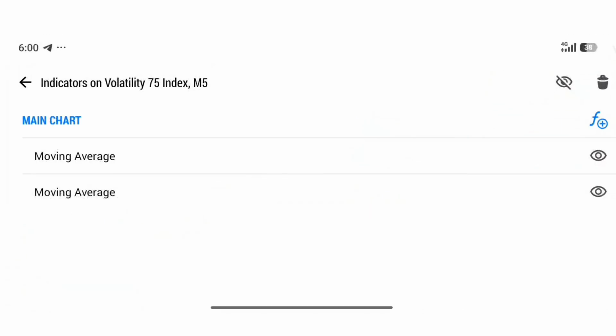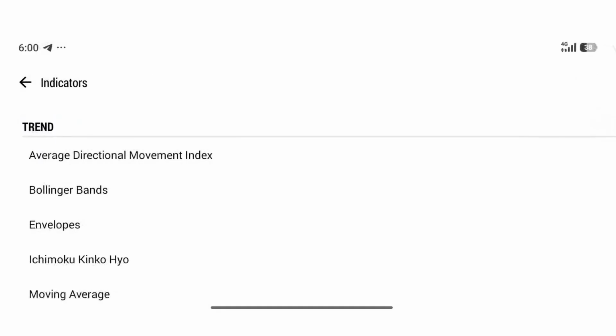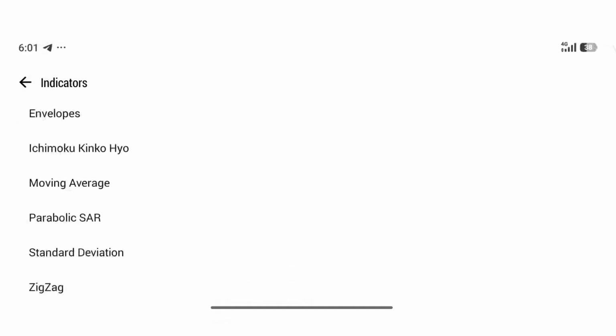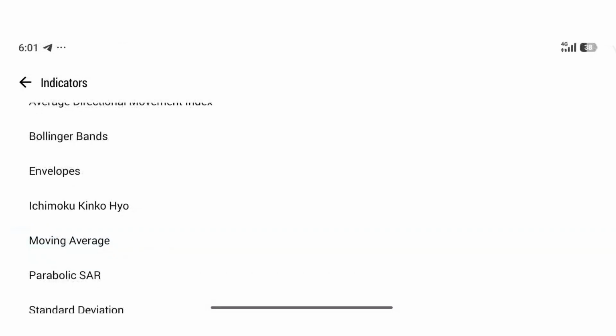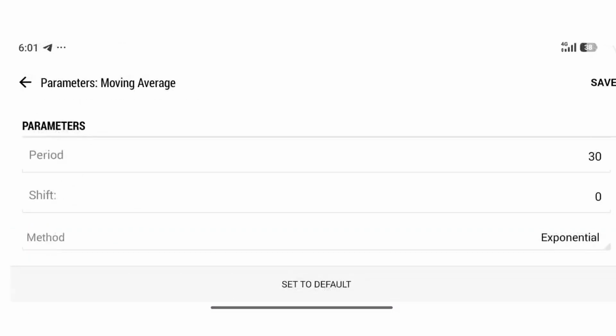So when you click on this, you will see an option to add indicators, delete and view indicators. So let's say if you want to add this indicator freshly for the first time, what you do is that you click on this F button. When you click on that, you look for the indicator. Look at our moving average here. This is our guy here. So just click on it. So that's how you do it.